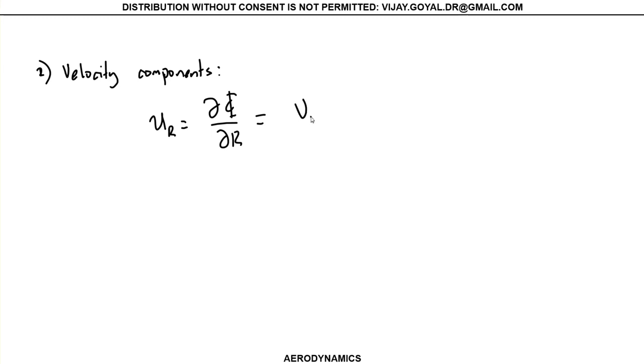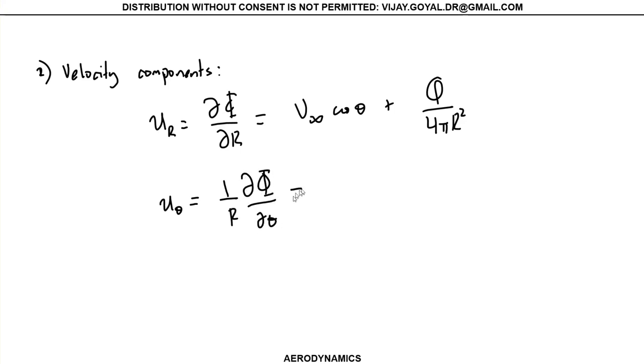And that gives you U infinity cosine of theta plus Q over 4 times pi r squared. U theta is equal to 1 over r partial of phi with respect to theta, which is going to equal minus U infinity sine of theta, right? We also did that in class.